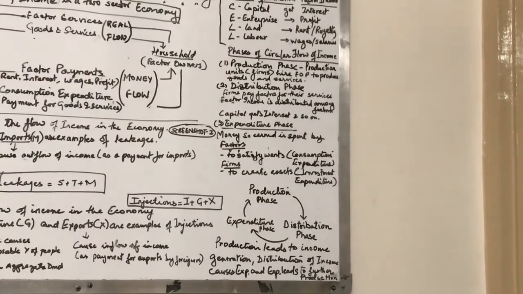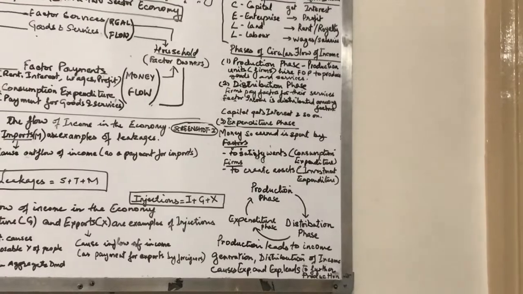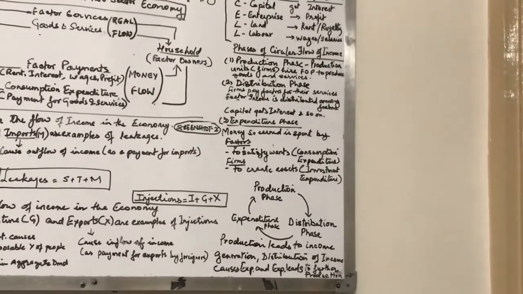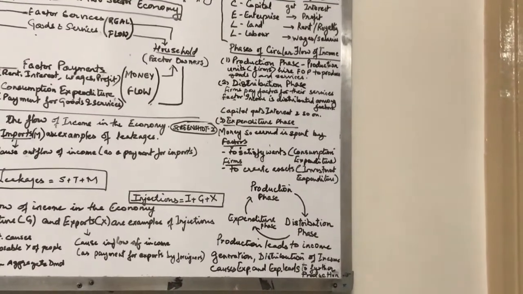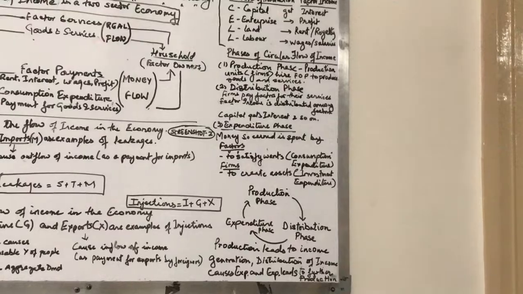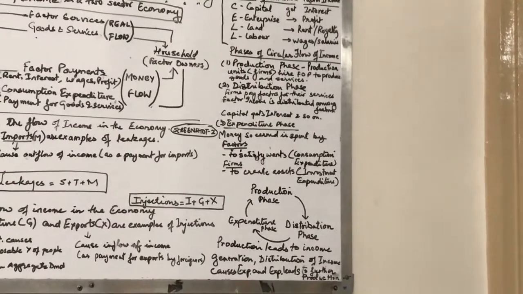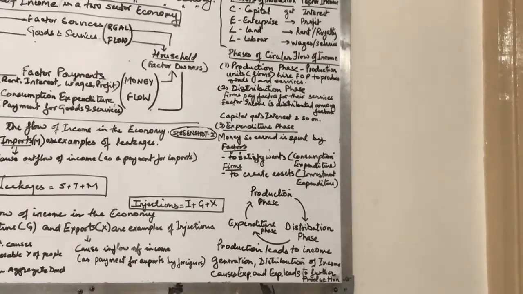Amongst these economic activities, the first activity here that we are discussing is production. So first of all, let us imagine that in an economy, production takes place. In order to do that production, the firm will hire factor services from the households. So production takes place with the help of factors which are hired by the producer.